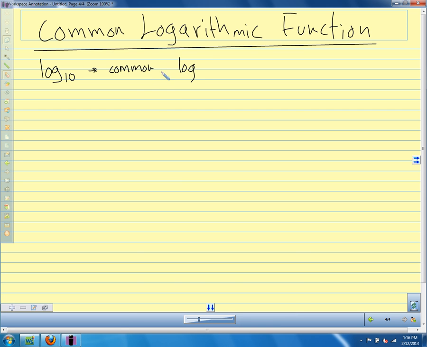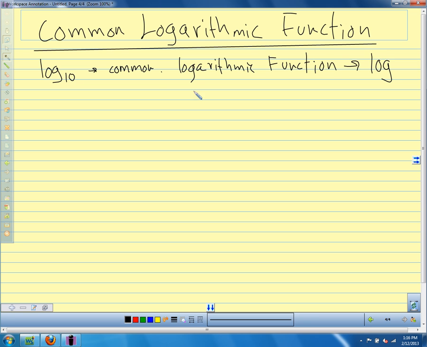Normally when we have base 10, we don't write the base. We just say log. And your calculator has a log button. That's log base 10.